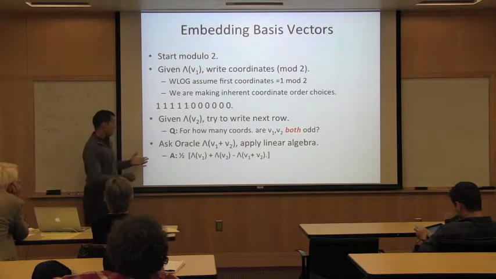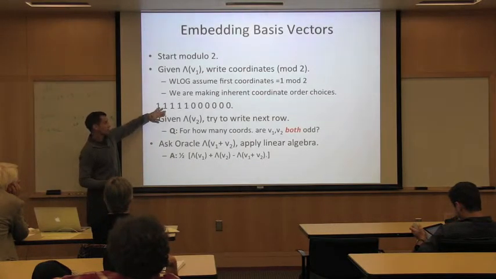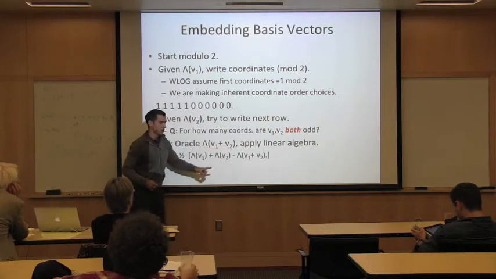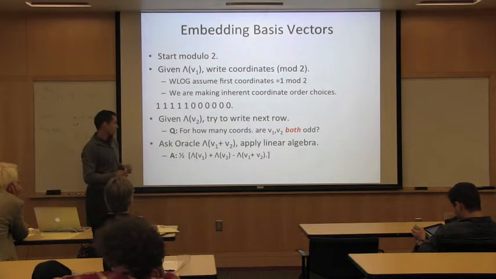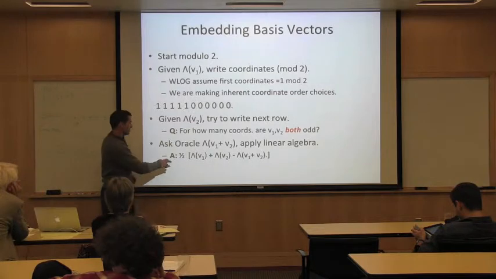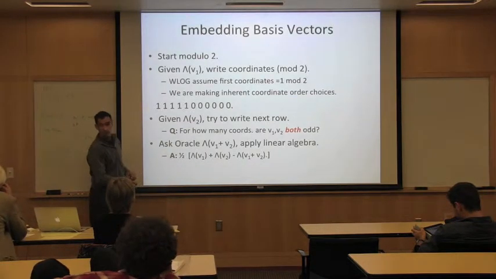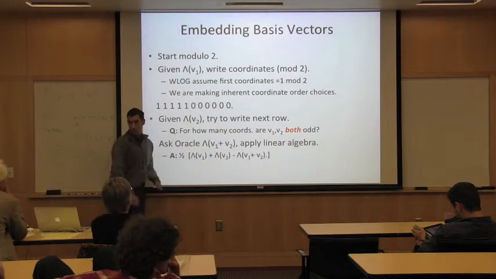So you probably want to know how many of the coordinates of V1 and V2 are both 1. So then you could ask the same question, how many of V1 plus V2 are 1? And then you can use some linear algebra to figure out how many coordinates of V1 and V2 are both 1, and therefore start writing down V2.